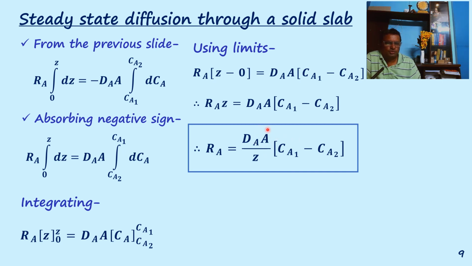I have told you how to get A. For this case, it is L into W. If you remember the diagram, A is length into width. So by using this equation, you'll be able to find out the rate of diffusion through a solid slab.